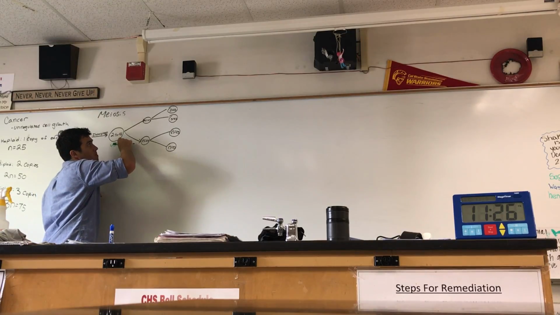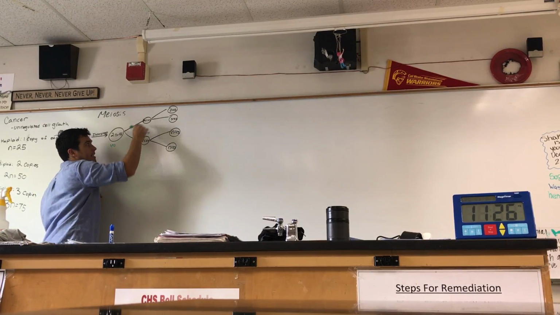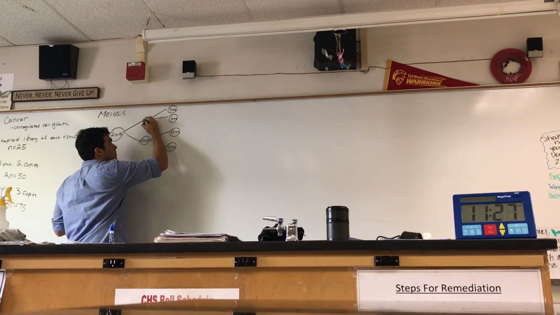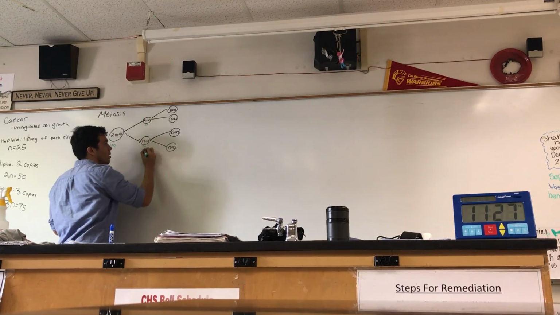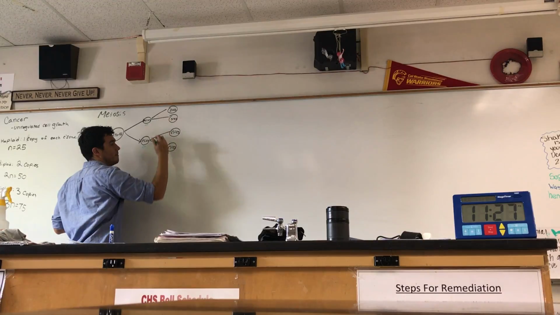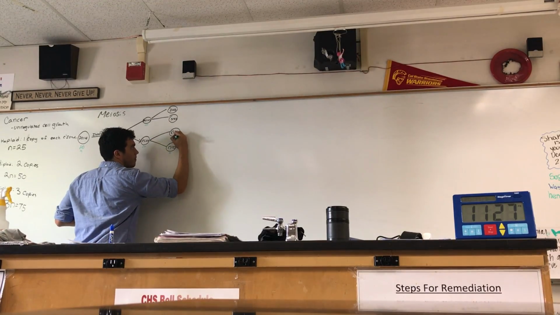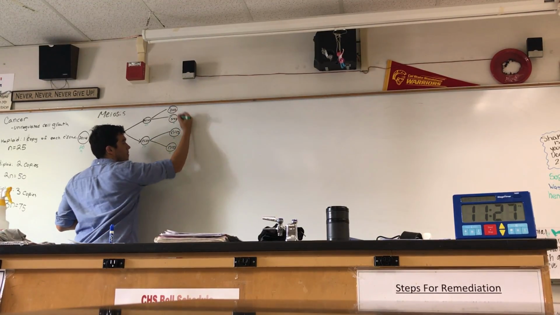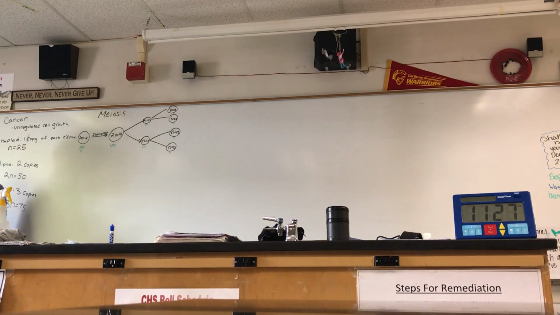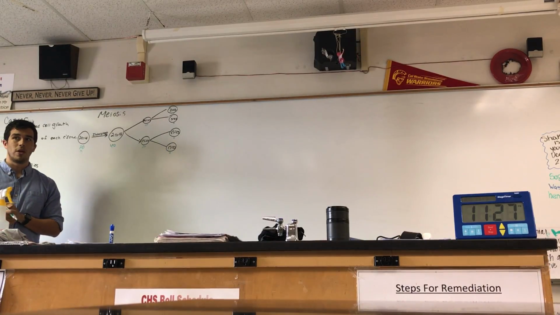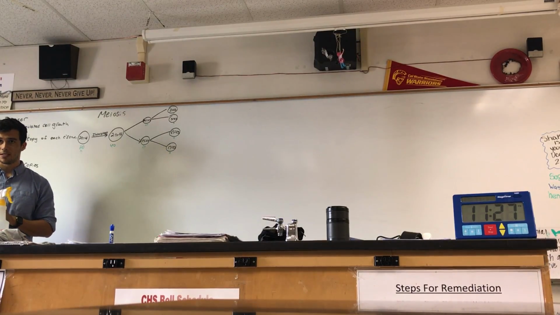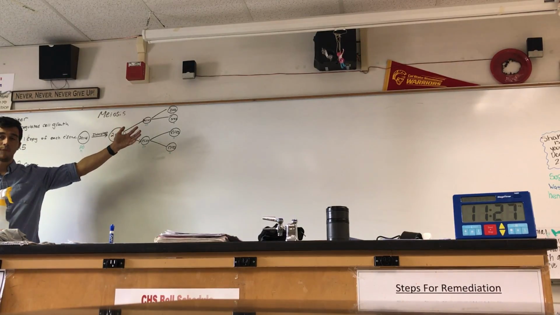After I undergo meiosis 1, how many does each cell have? 20. What about here? How much does each cell have? 10. Okay, so if I'm talking about the amount of DNA, the weight of DNA, compared to the cell before interphase, how many daughter cells do I produce? 4.